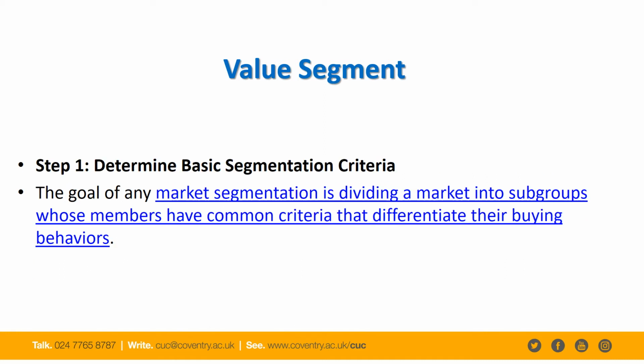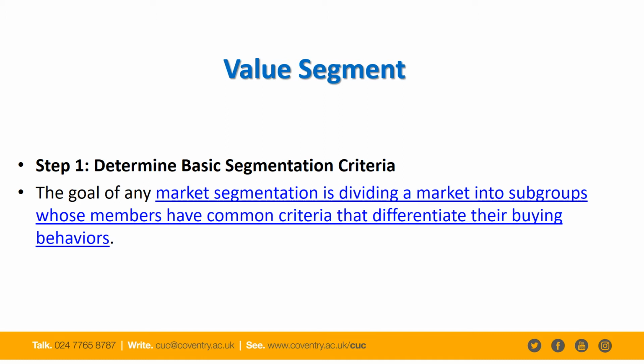So let's look at the different stages of the value segment, and there are 6 different stages. Step 1 in the value segment is to determine basic segmentation criteria. And basic segmentation criteria we know includes segmenting the marketplace by the different group areas, including behavioralistic, psychographic, demographic, and geographic.